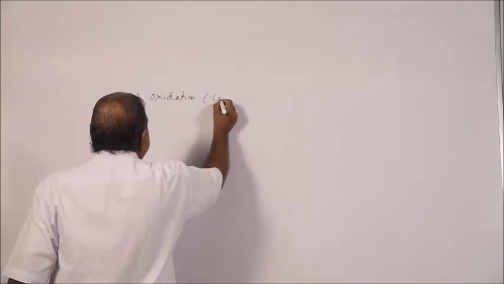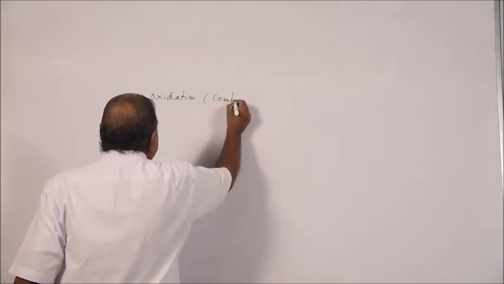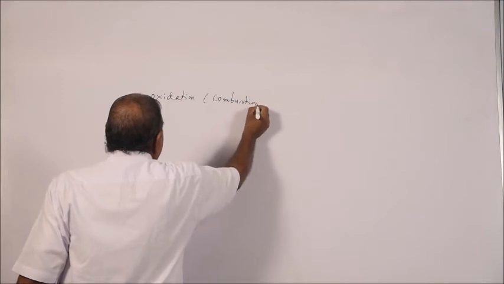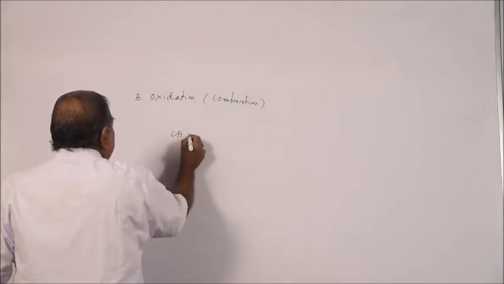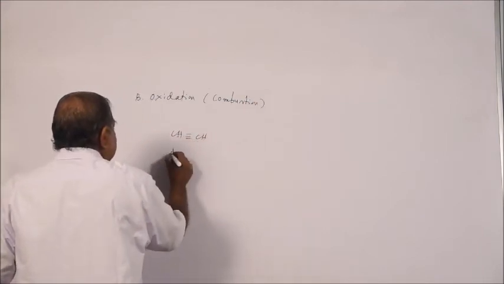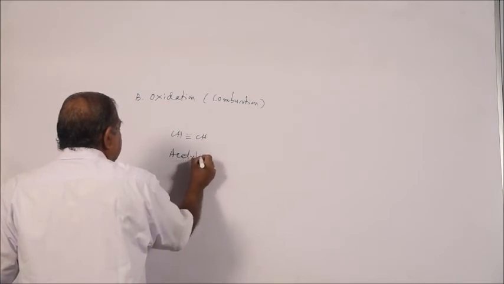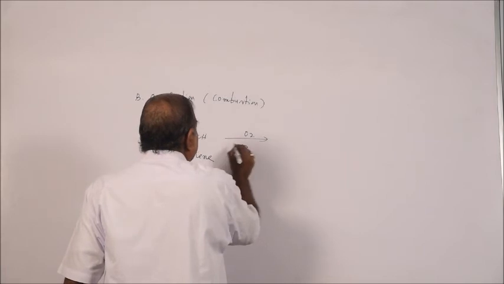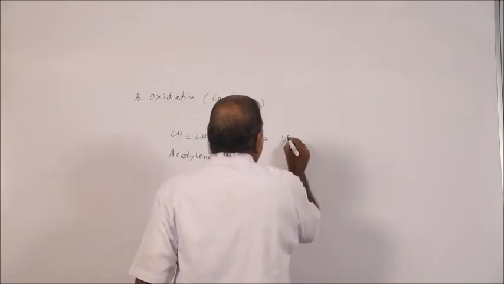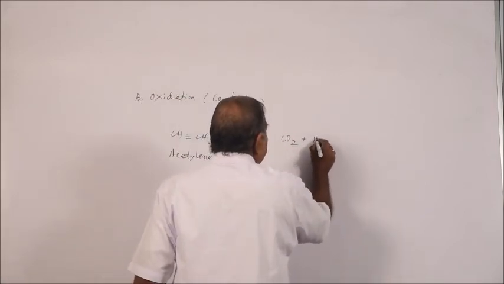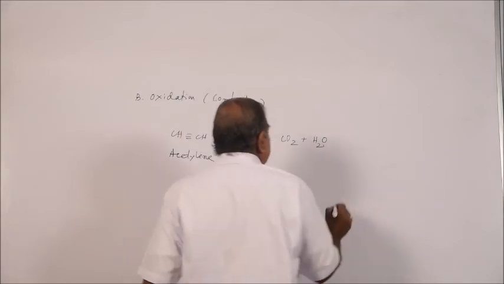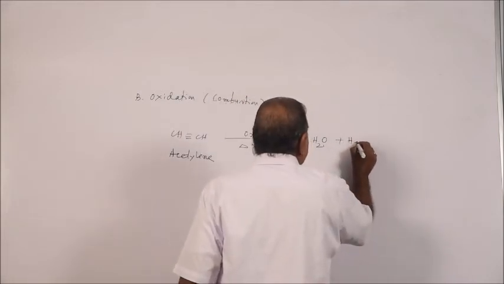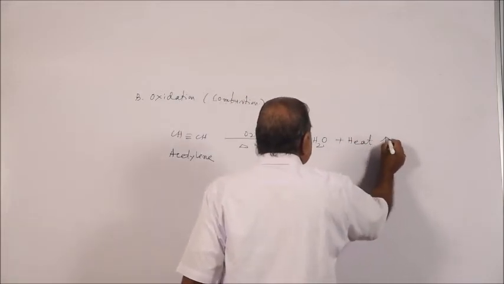Here only one reaction I am discussing, that is combustion. Already I have told you any hydrocarbon like, say, acetylene, when heated with oxygen, the carbon content will be oxidized to carbon dioxide, the hydrogen content will oxidize to water along with the evolution of heat.